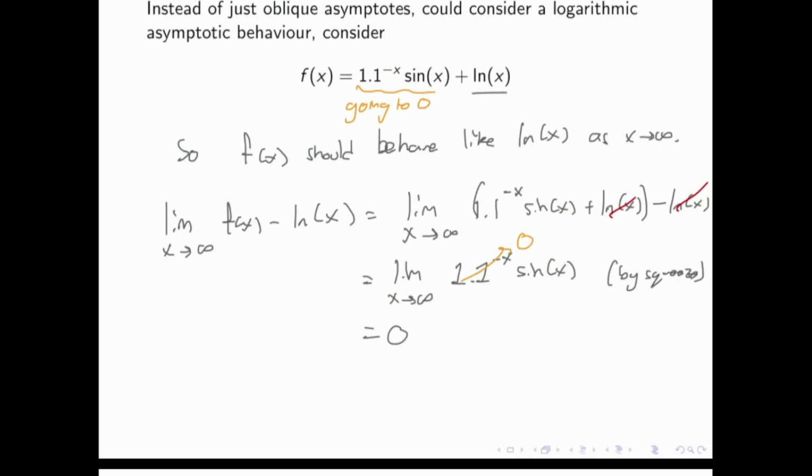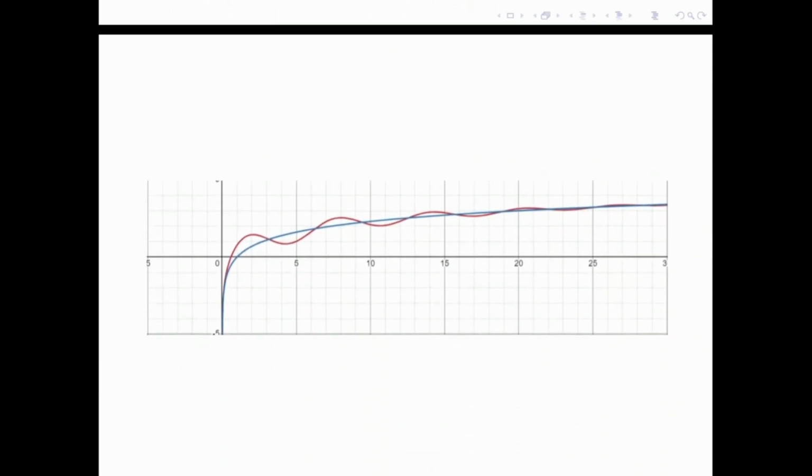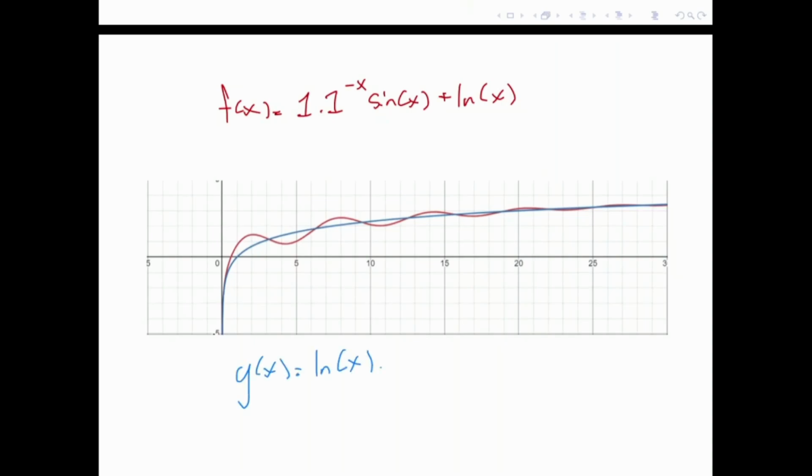Well, that's fine in theory, but what does that actually mean? So I've gone ahead and graphed these functions to show you what this means. In the red, I have f of x being our function 1.1 to the power negative x times sine of x plus the natural log of x. And in the blue, I have our g of x being the natural log of x.